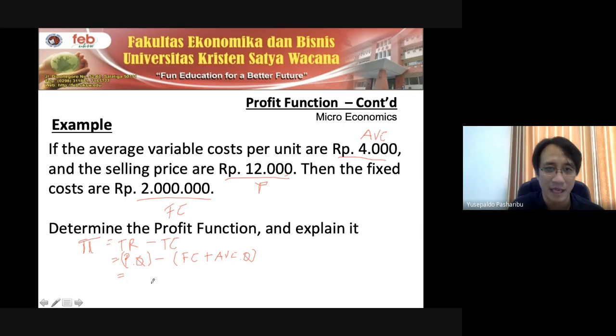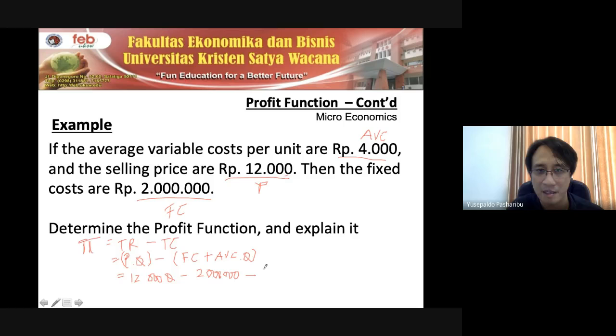We have P, 12,000 Q minus fixed cost. The fixed cost is 2 million, and minus AVC. If we open the bracket, it becomes negative too.